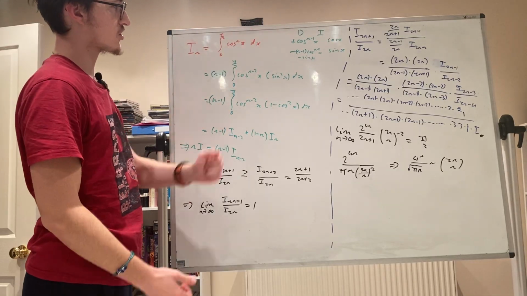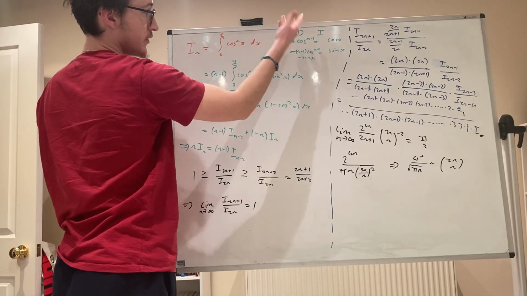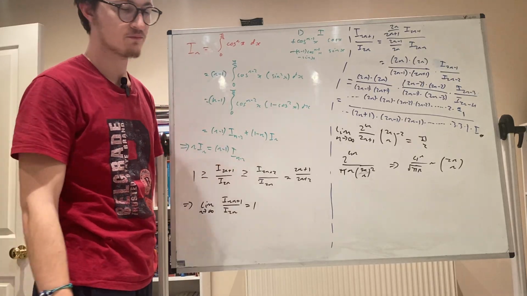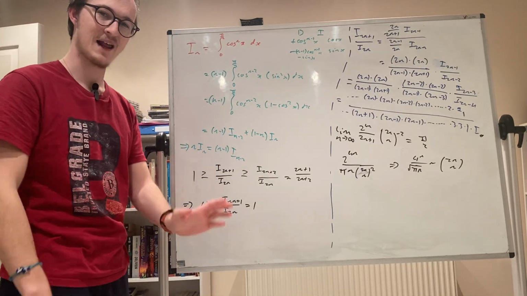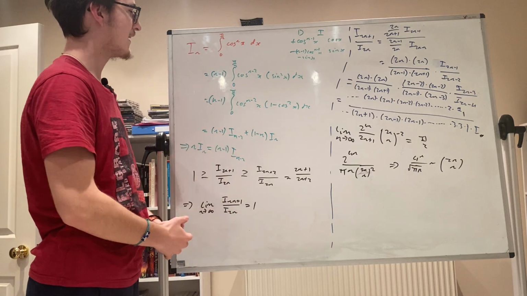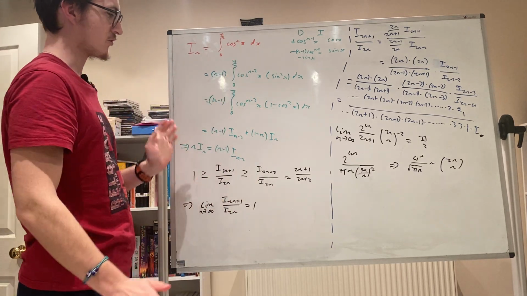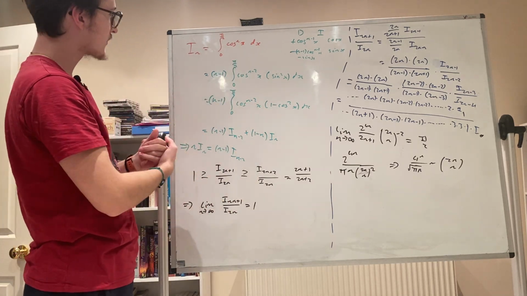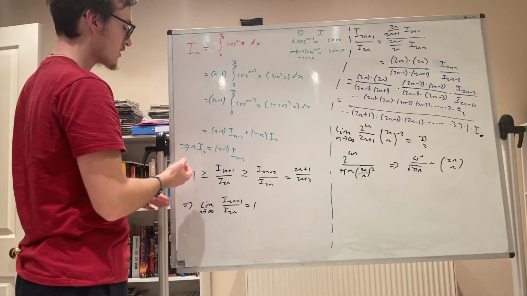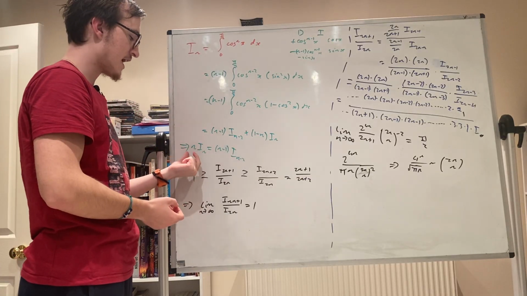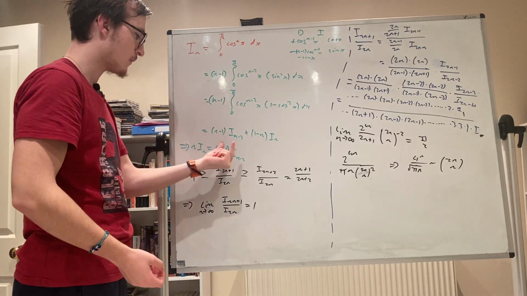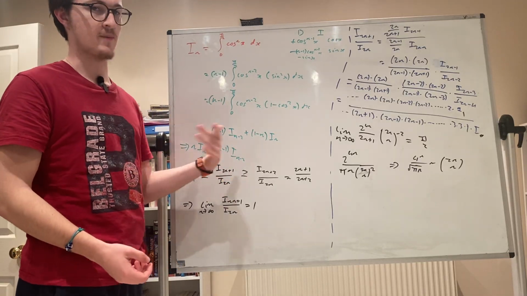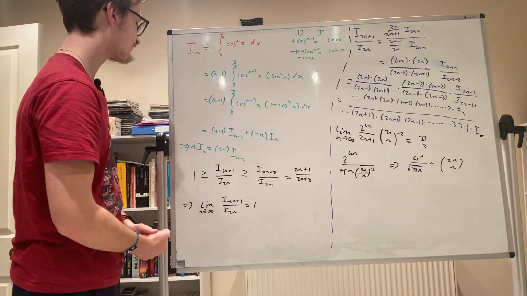If you do integration by parts, you obtain after a couple of steps this recursive relation: n times I_n is precisely n minus 1 times I_(n-2).